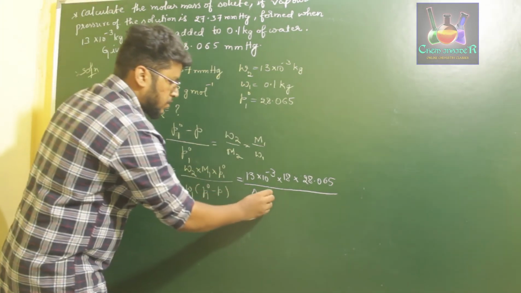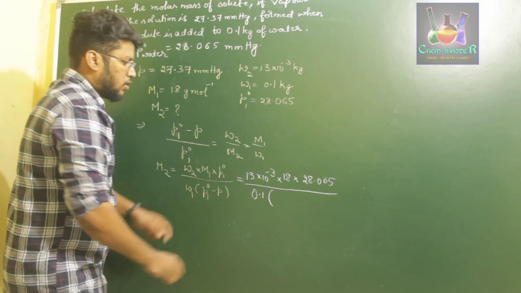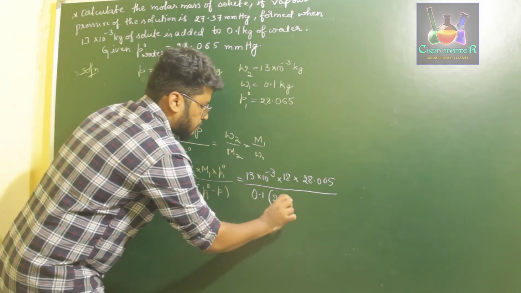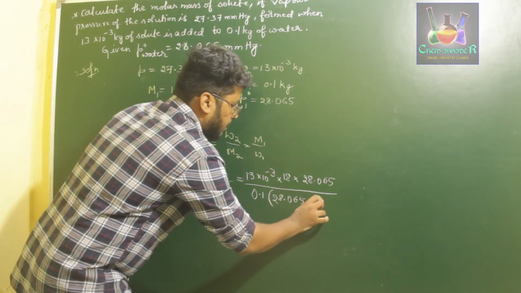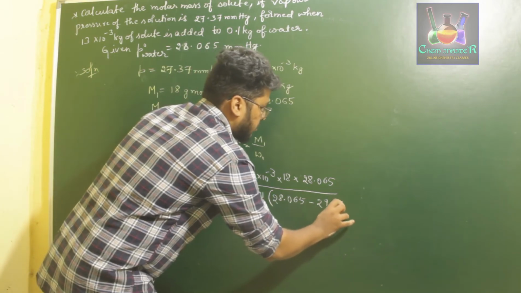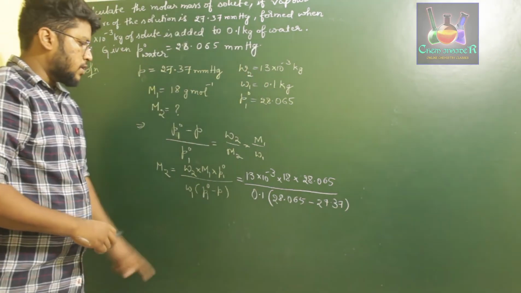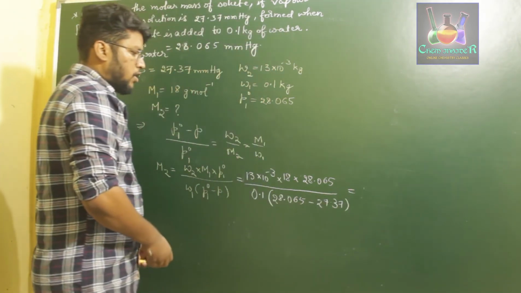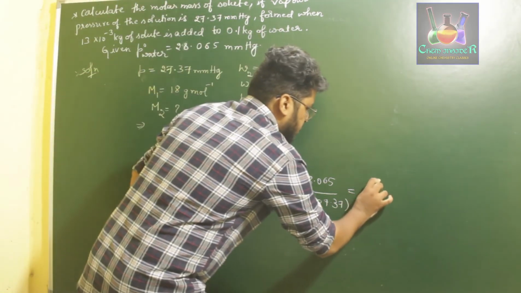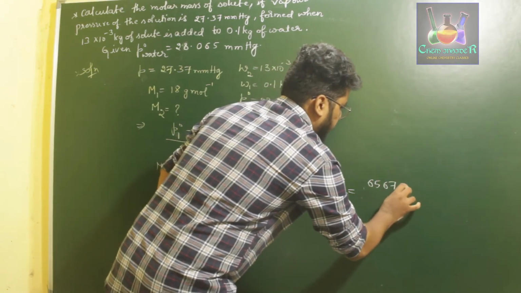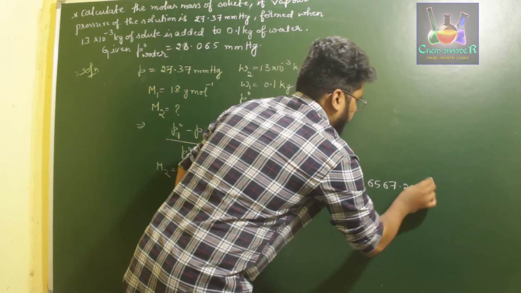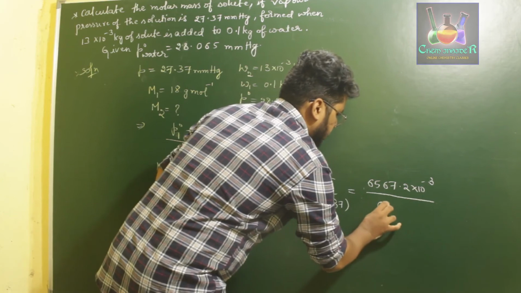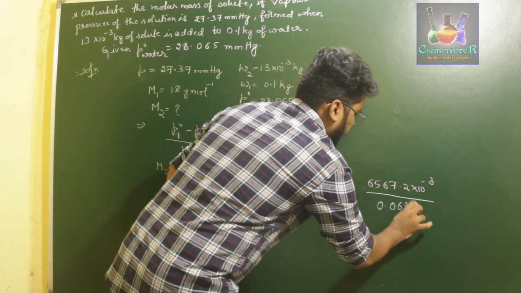So therefore 0.1 into P1 naught is 28.065 minus 27.37. On substituting these values and calculating, we get 6567.2 into 10 power minus 3 divided by 0.0694.